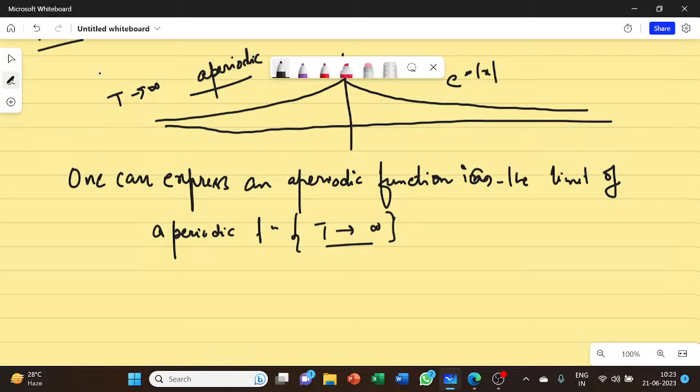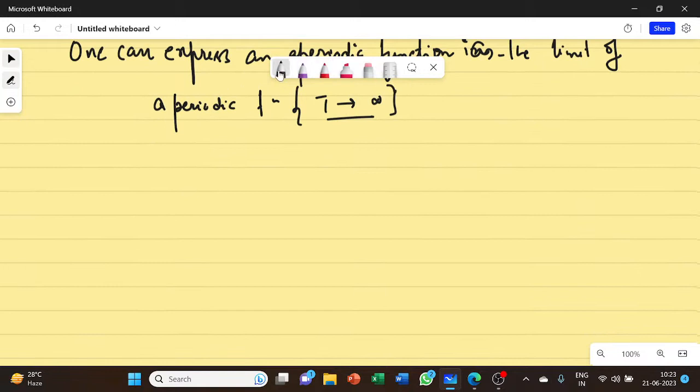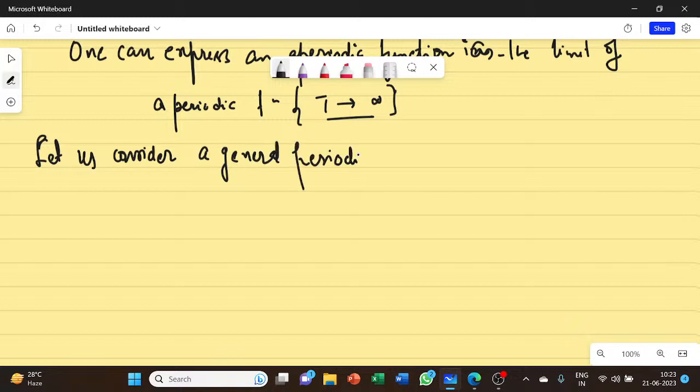Okay, good enough. Chalo, so what I would do is, I'll consider a general function where I'll take a counter over t. Okay, so I'll take a counter over t means I'll somehow put t into perspective. That is, let us consider a general periodic function, and that is f of x plus t is equal to f of x.